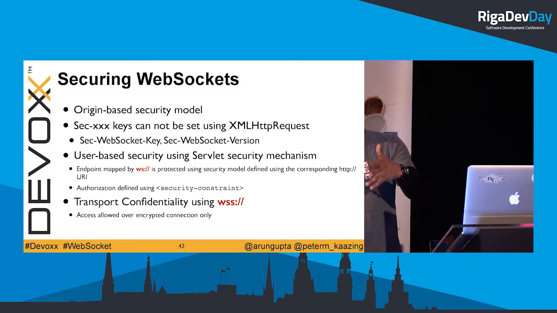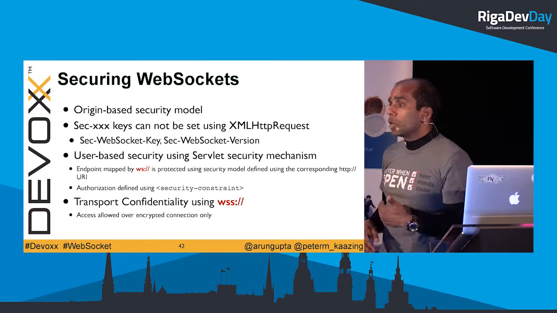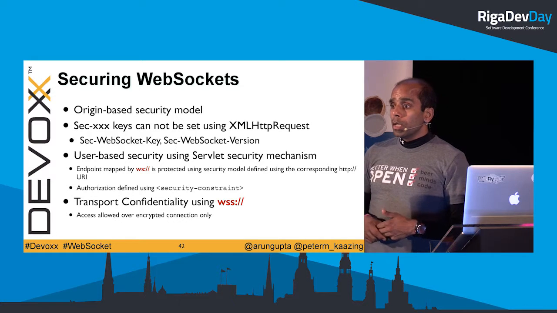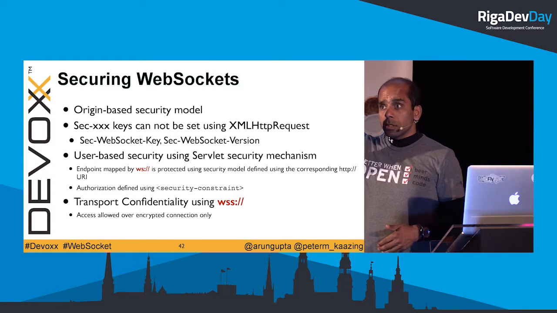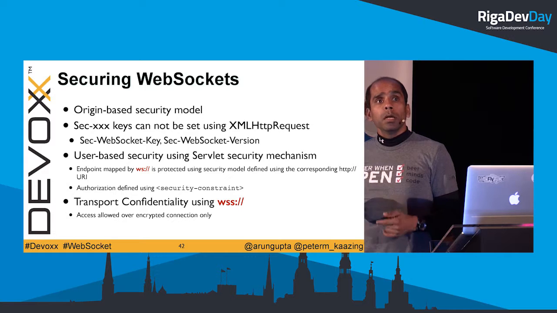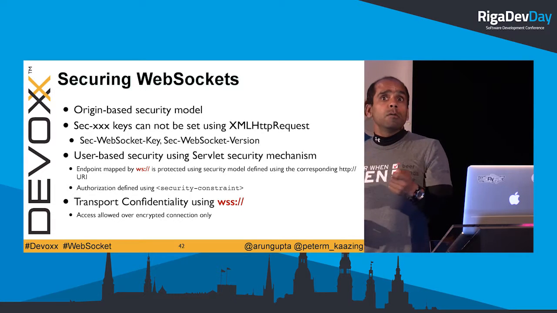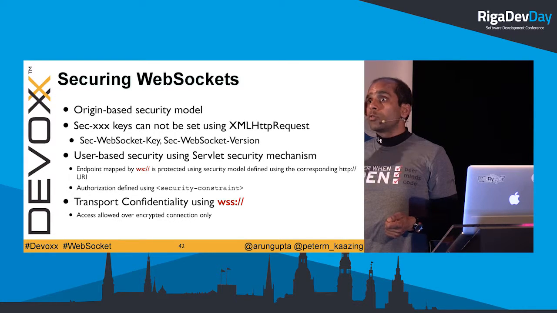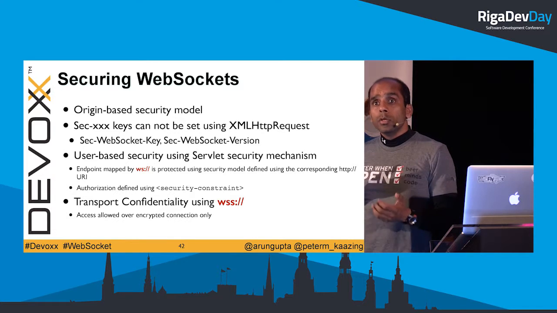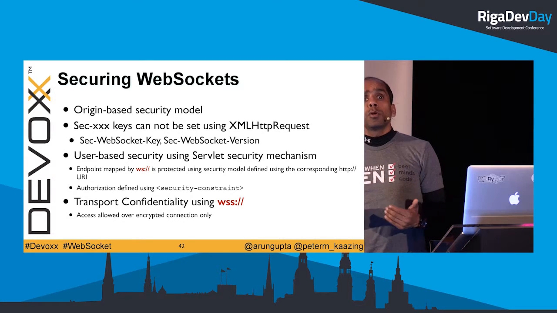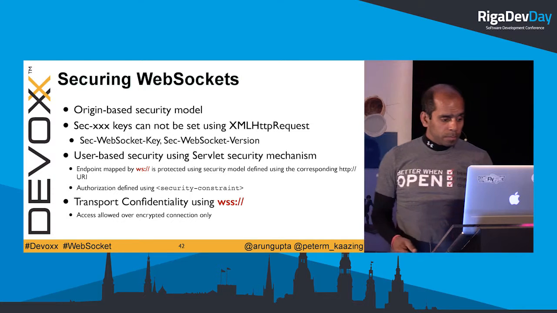The same security constraints apply to your WebSocket as well. So you could say anybody who tries to access the /websocket endpoint needs to get a login prompt, with a file-based realm or an LDAP-based realm. You can tap into that and make sure that authentication automatically happens.